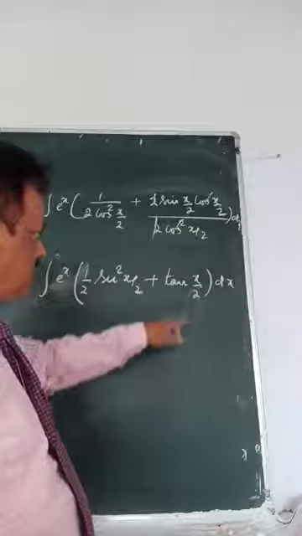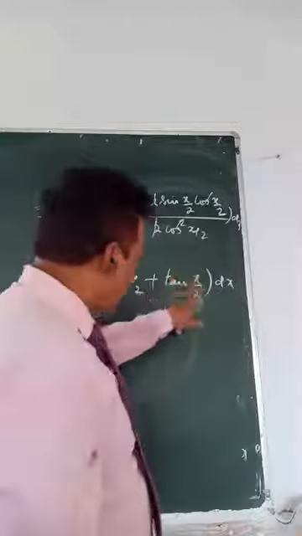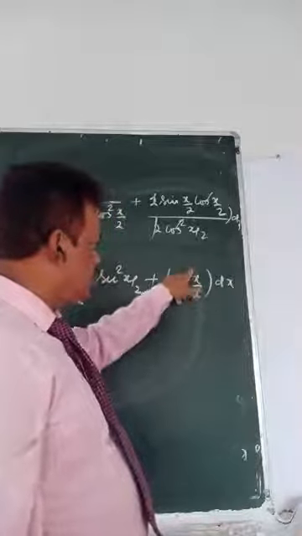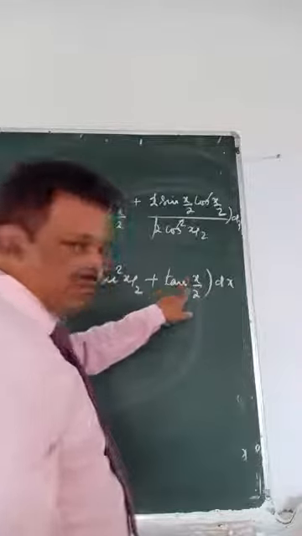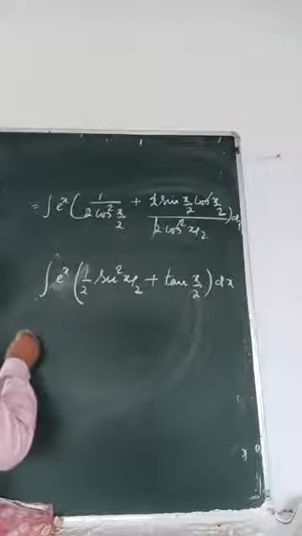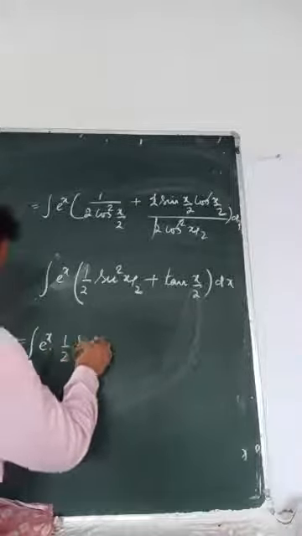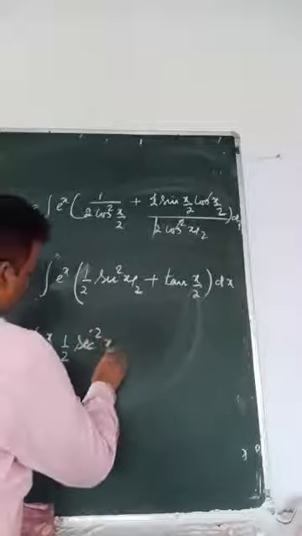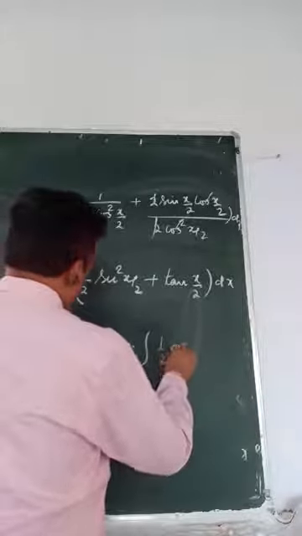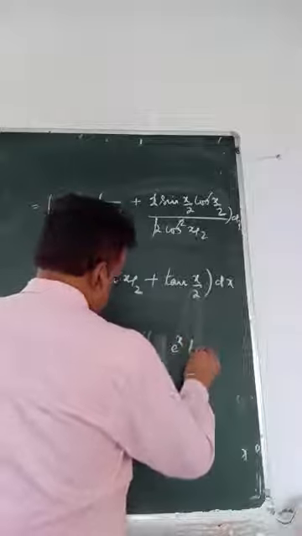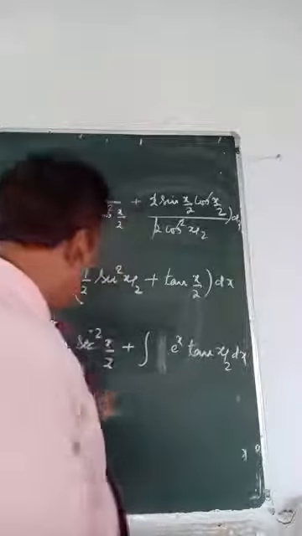Now look here, the derivative of tan x by 2 is sec square x by 2 times the derivative of x by 2, which is half. That means its derivative is this one. So we are going to integrate this part, not this part. So e to the power x, half sec square x by 2, minus e to the power x tan x by 2 dx. So I have to integrate now this because this derivative is this one.